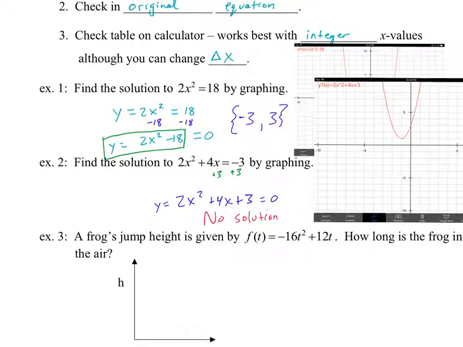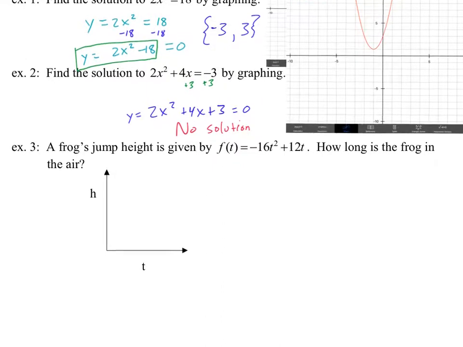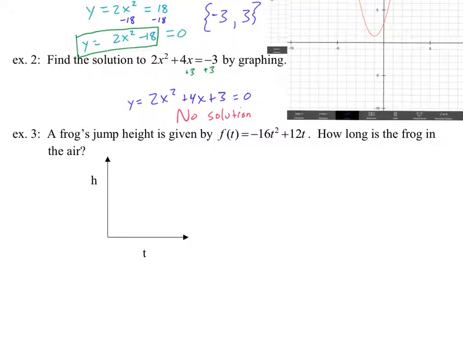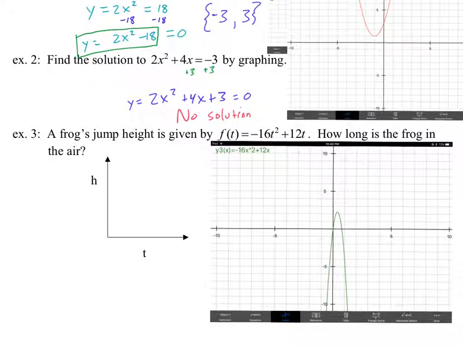Alright, one last example and we are done. A frog's jump height is given by this equation here. How long is the frog in the air? If you punch that equation in, your calculator will look something like that. Now, you really need to zoom in because the point you're looking for is over here.